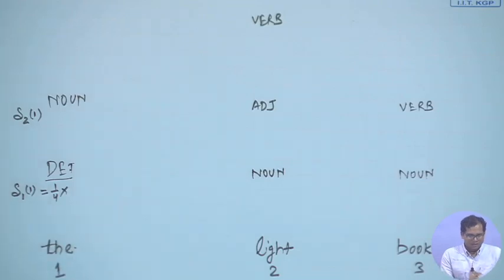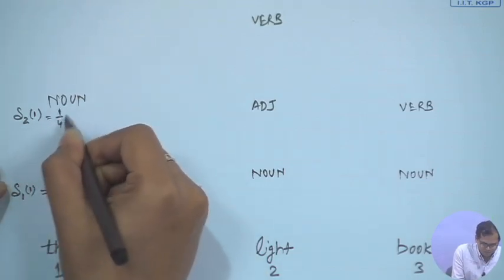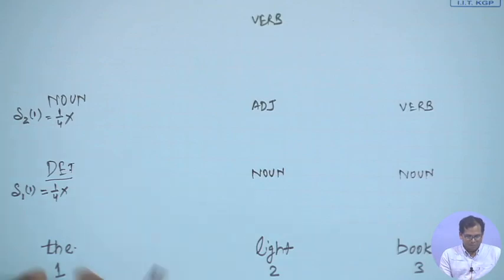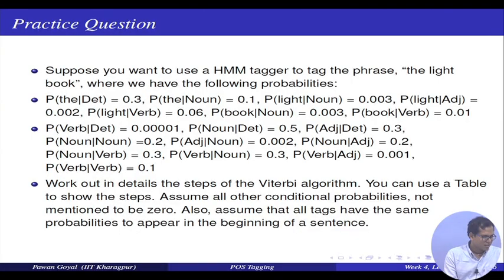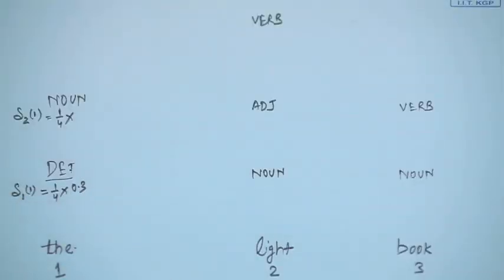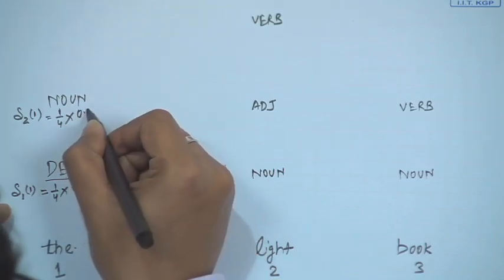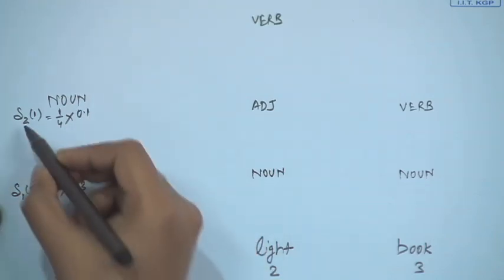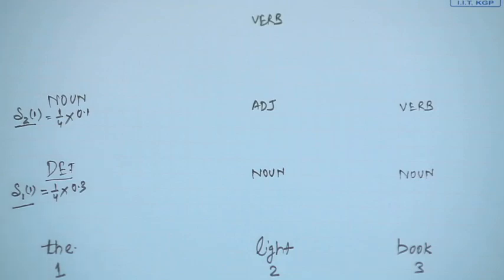Similarly for noun, 1 by 4, times probability of "the" given determiner, which is given here as 0.3, and probability of "the" given noun is given as 0.1. So this is your delta 21 and delta 11.